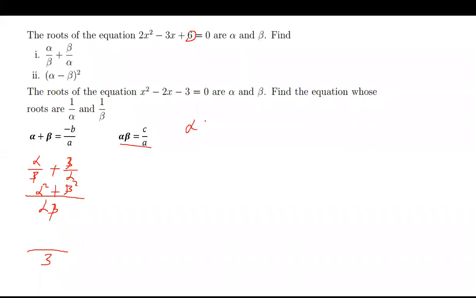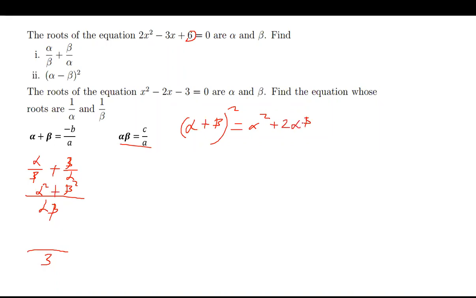Then now, where do we get this alpha squared plus beta squared? So I said you square this alpha plus beta. So when you square these, you're going to discover that you have alpha times alpha there, you get alpha squared, plus alpha times beta, you get alpha beta, plus beta times alpha, so meaning you have 2 alpha beta.